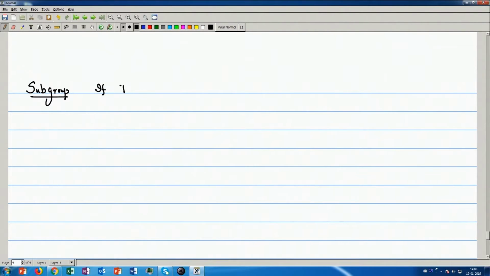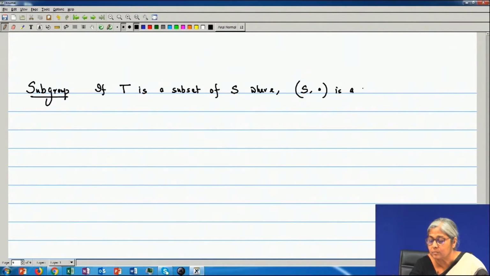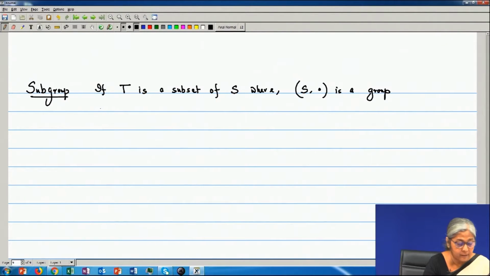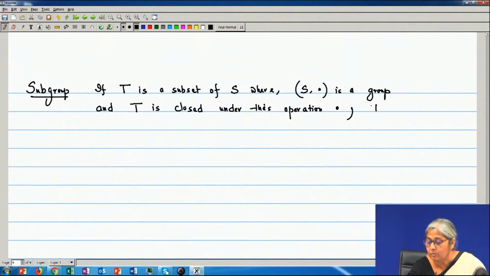If T is a subset of S, where S dot is a group, and T is closed under the operation dot, T satisfies the associative property.